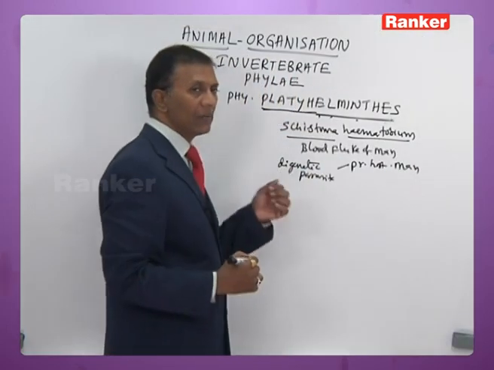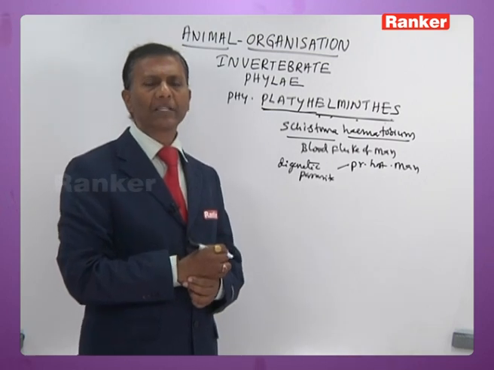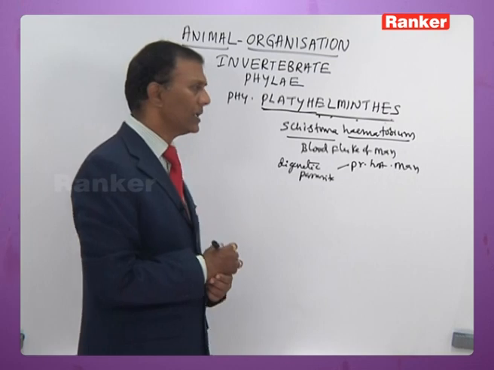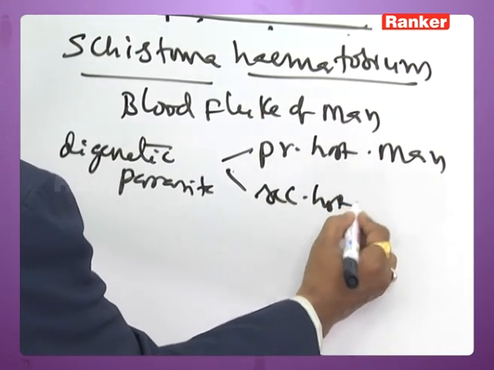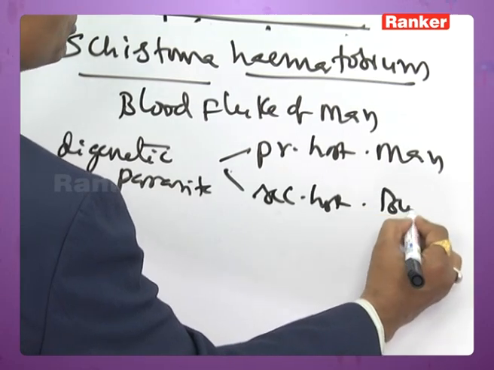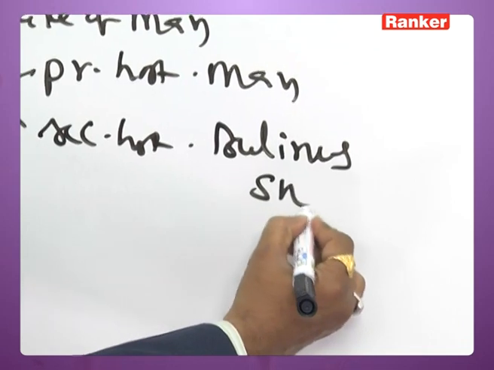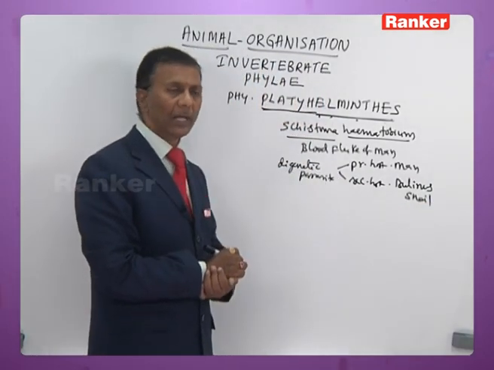In human beings, it lives in the blood capillaries of the urinary bladder and pelvis region. The secondary host is a snail that belongs to genus Bulinus.